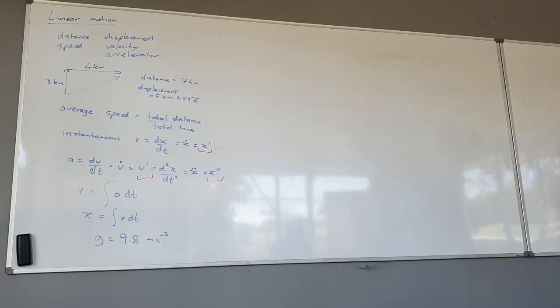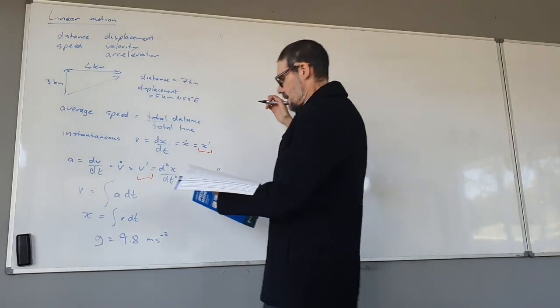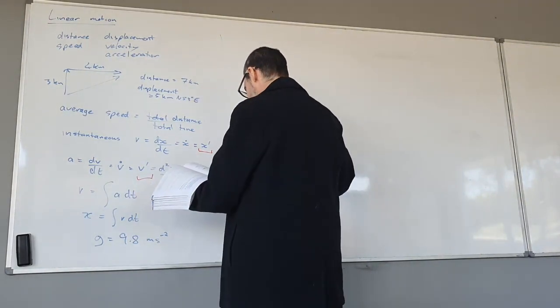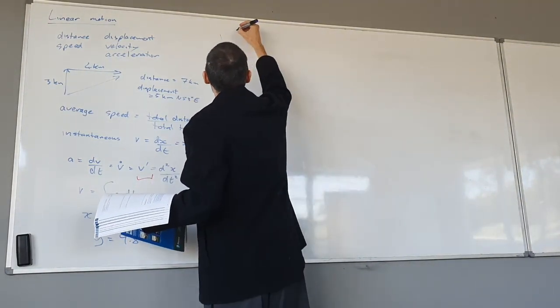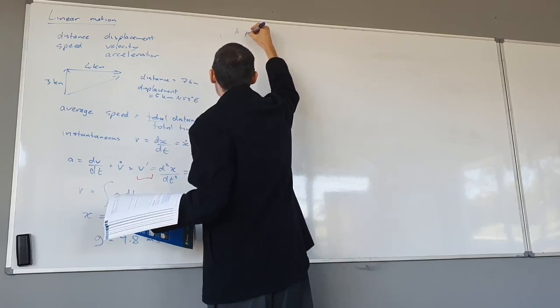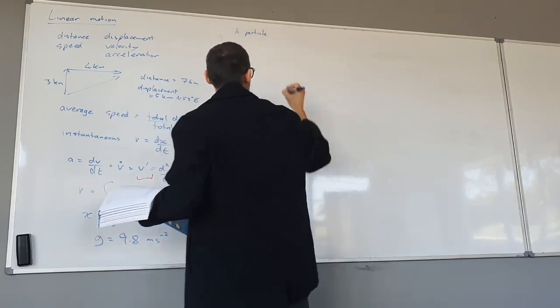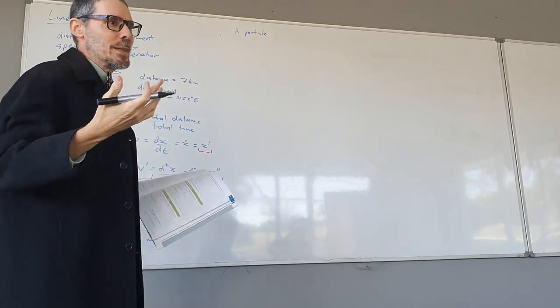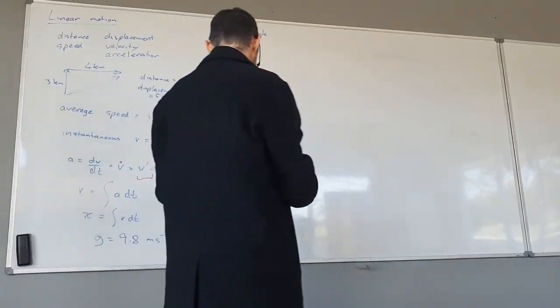Let's try a few questions. I'm going to skip the averages, I don't care. So, a particle, well, it's always a particle or an object or a thing or a point mass or whatever.